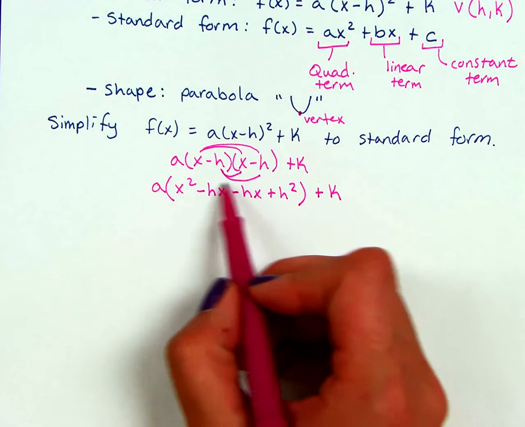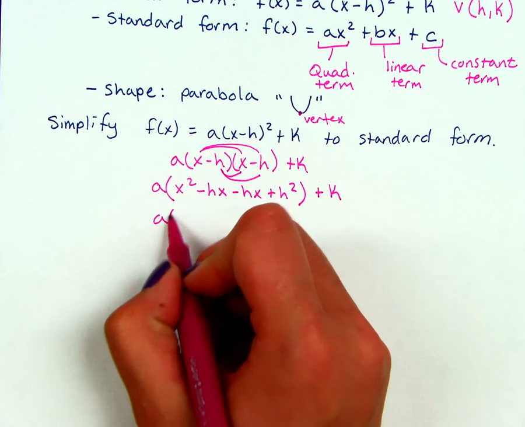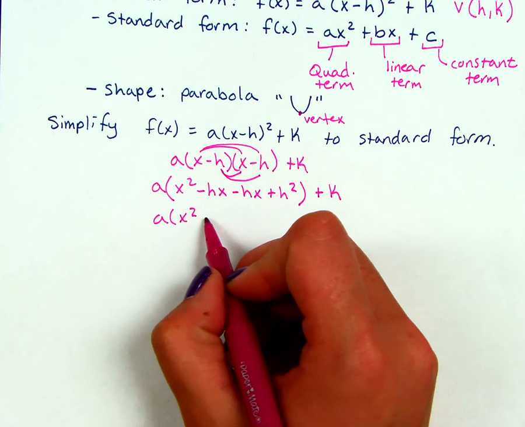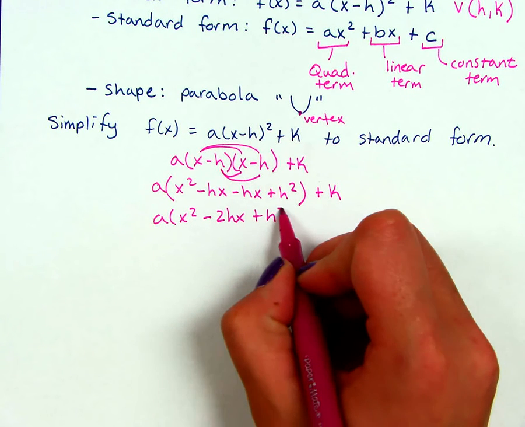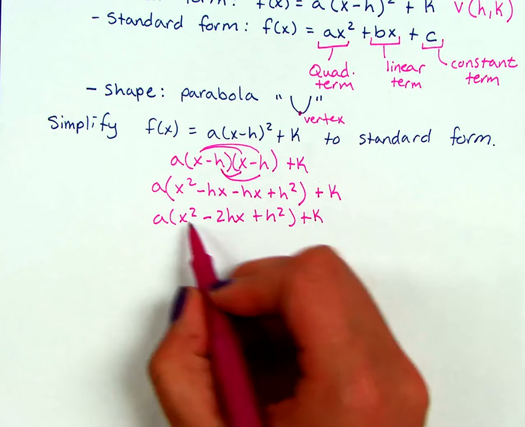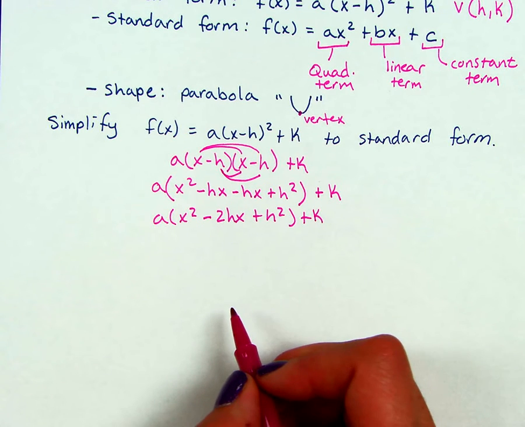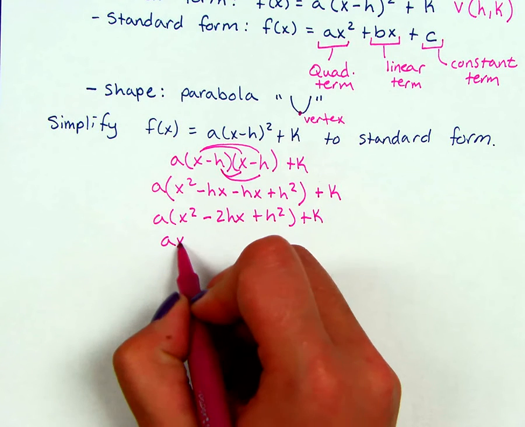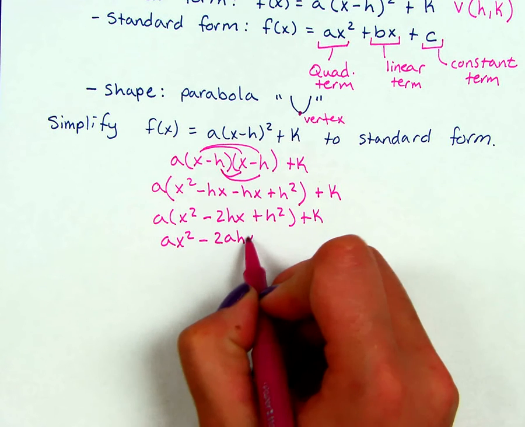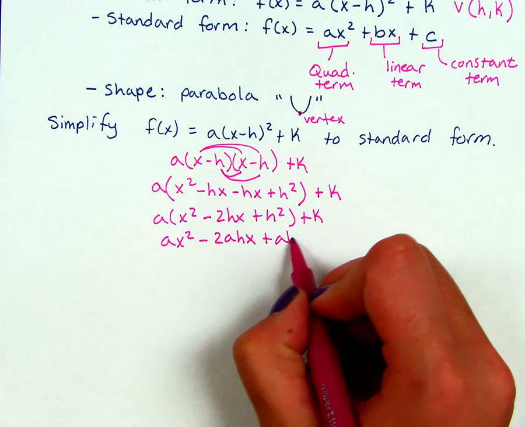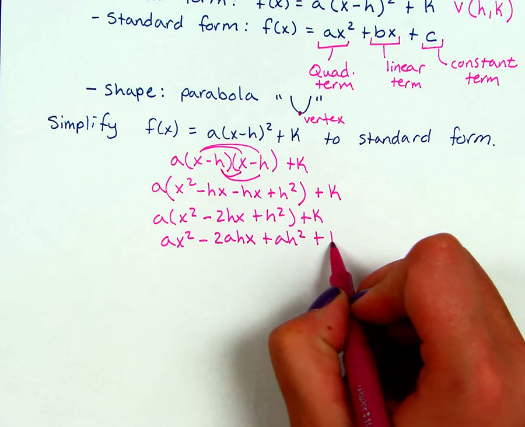Now I'm going to combine like terms on the inside. We have two hx's, and then after we combine, we have to distribute a to every single term. So this will be ax squared minus 2ahx plus ah squared plus k.